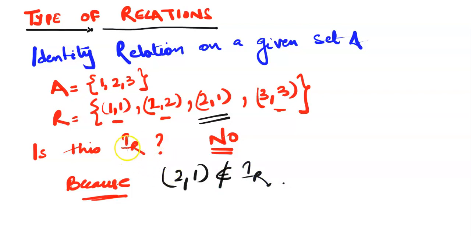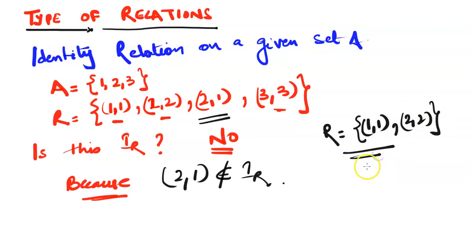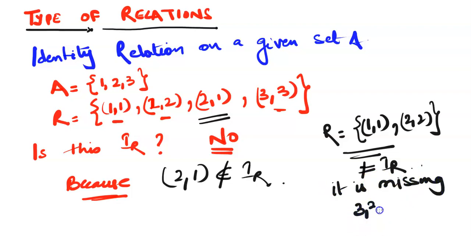So hence, in an identity relation, it's only the relationship of an element with itself. Similarly, if R was 1, 1 and 2, 2, this is again not equal to I_R, as it is missing 3, 3.